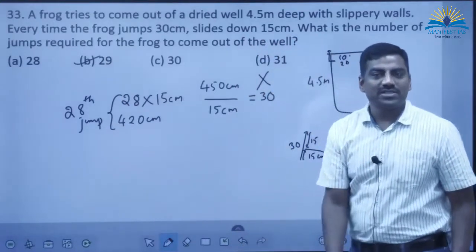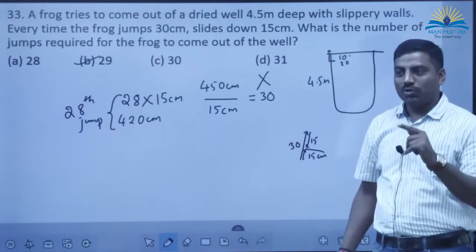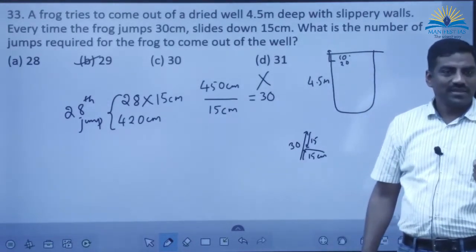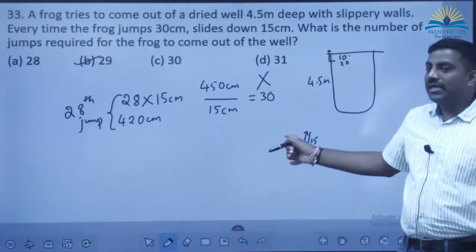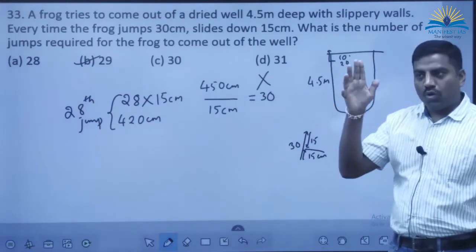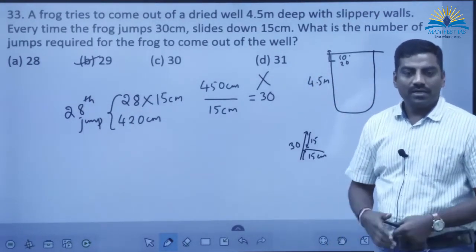So it is not a question of quantitative aptitude alone. It is also a question of logical reasoning. How do you imagine the things? Yes, done. So it can be anything. It can be a well, it can be a wall, it can be a pole, anything. Such questions are appearing. Okay, done.